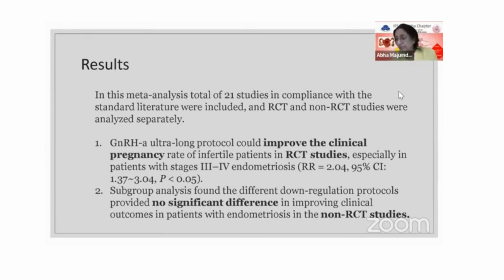That means if there is advanced stage endometriosis, we could think that some improvement will happen if we give an ultra-long protocol for 3 to 6 months. But then a subgroup analysis was done, and they found that different down-regulation protocols provided no significant difference in improving clinical outcomes in patients with endometriosis, especially in the non-RCT studies, which were just given as such.